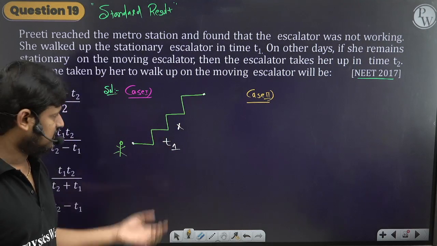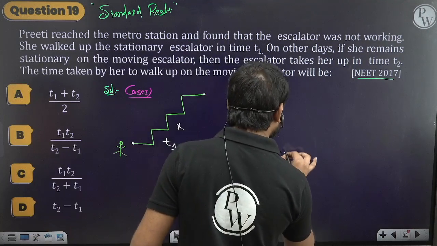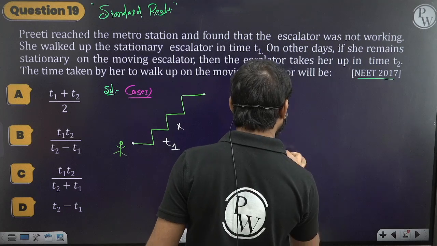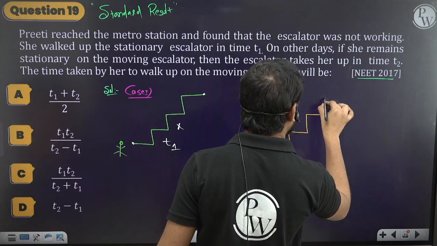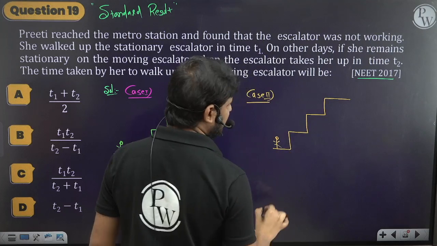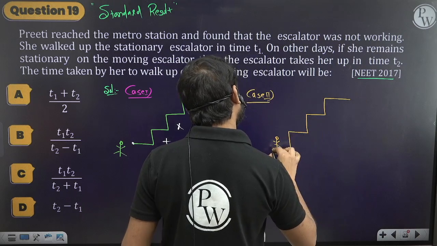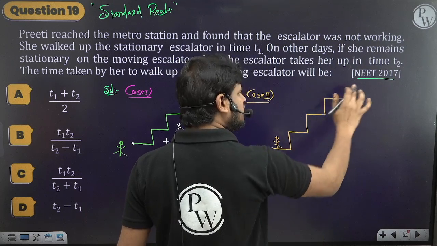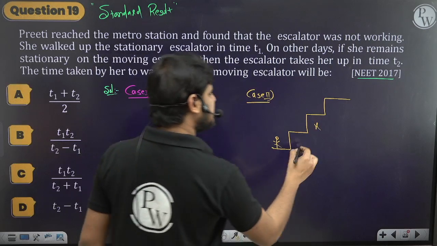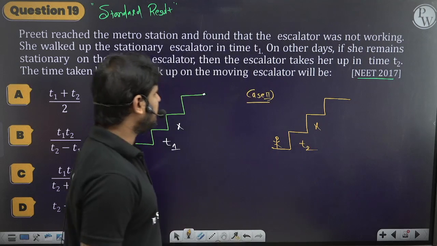On the remaining days, she just used to stand on the escalator so that she reaches the top. The distance is going to be the same, because from bottom to top the distance is x itself. In this case, she is taking some time t2.